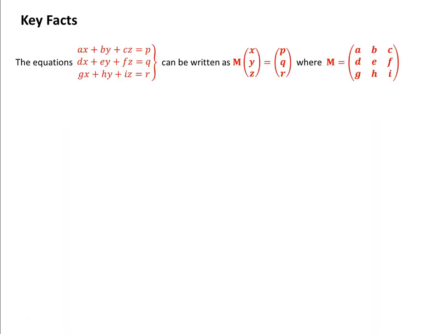So, key facts. First of all, we need to realise that if we've got three equations in three unknowns, then we can write it in matrix form as the matrix M times (x, y, z) equals (p, q, r), where M is the matrix of coefficients in the equations.